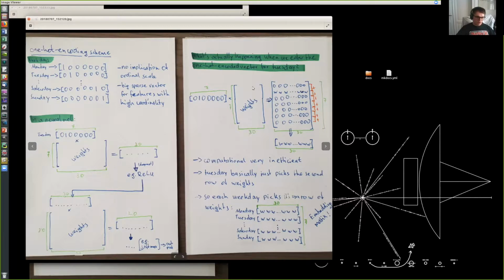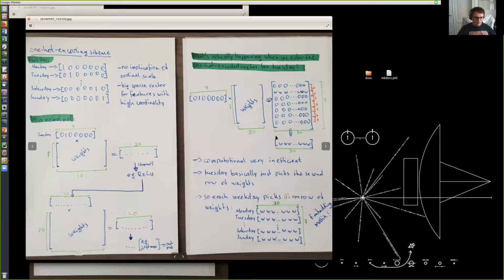You multiply each row with each of these values, and so every row where you have a 0 is going to be 0 in this intermediate step. And as you can see, it's really just picking one row of these values. In the case of Tuesday, you really just pick the second row of these weights, and everything else is 0. But what you do in a classical neural network is you do this multiplication and you add up all those numbers until you get this vector here.